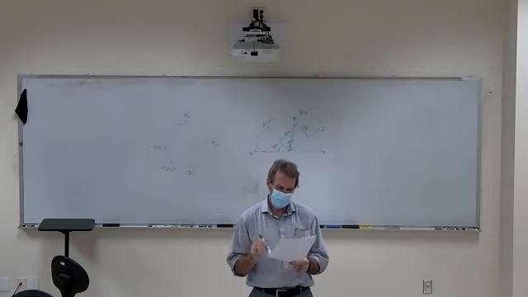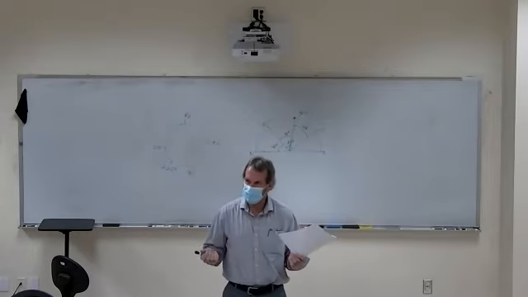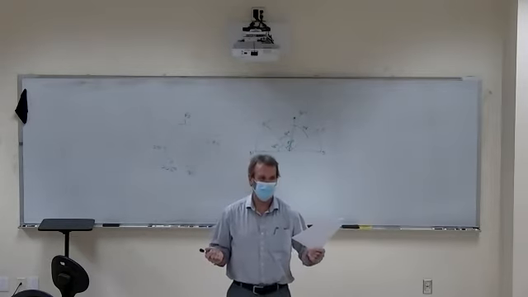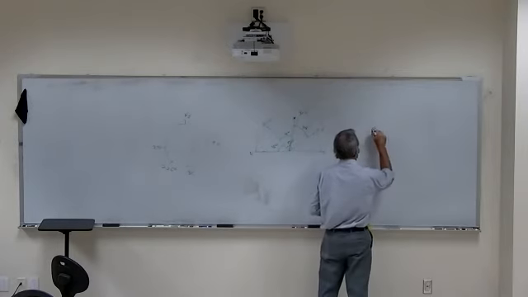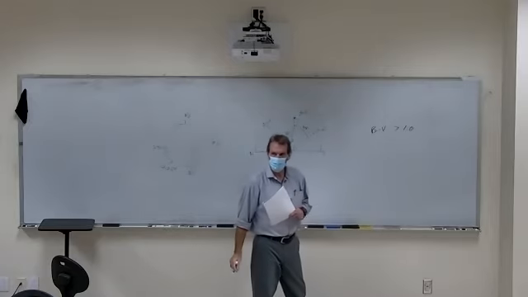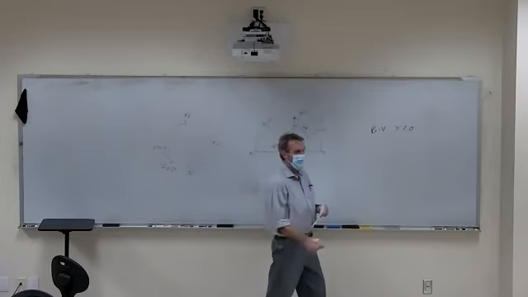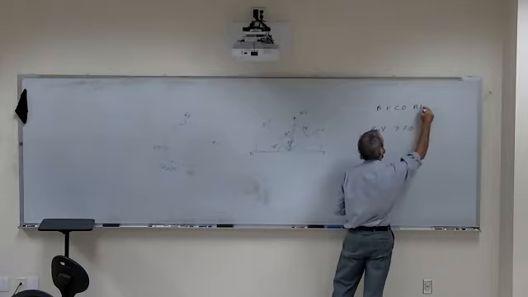This one, I'm wondering, because when half the class gets the same problem wrong, I wonder if I taught it wrong. So the B minus V for a red star has to be greater than about 1. A lot of people put 0. If B minus V is less than 0, it's usually blue.